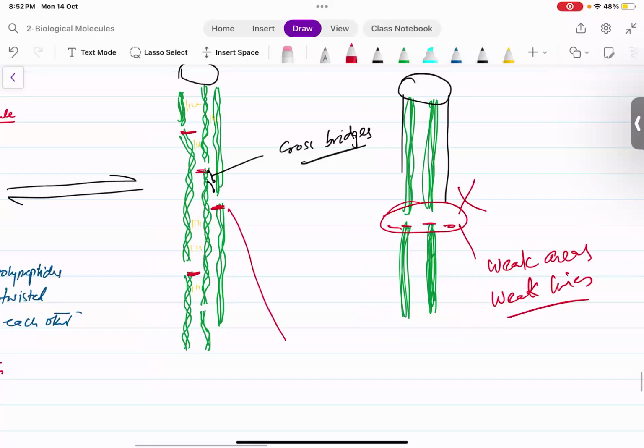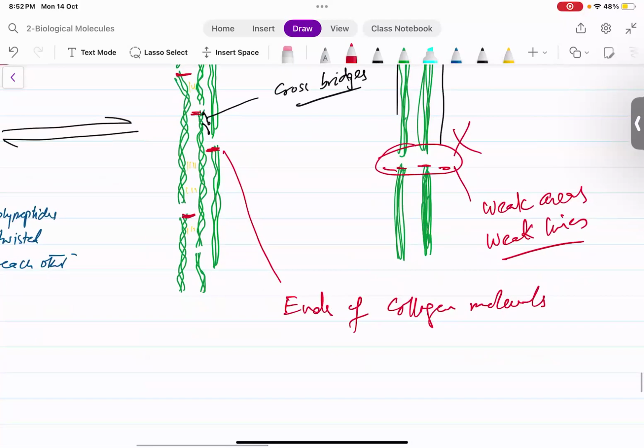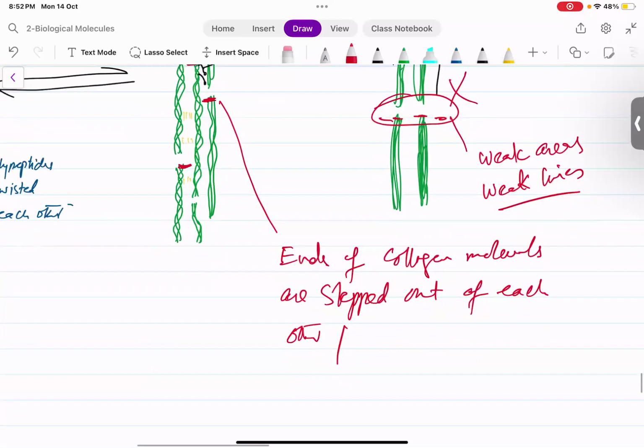So the ends of collagen molecules are stepped out of each other, or you can say there are staggered endings.